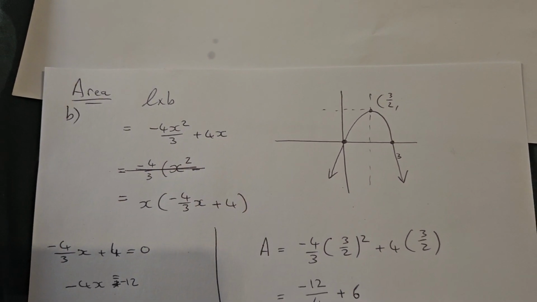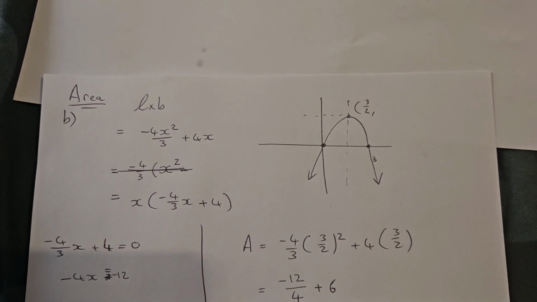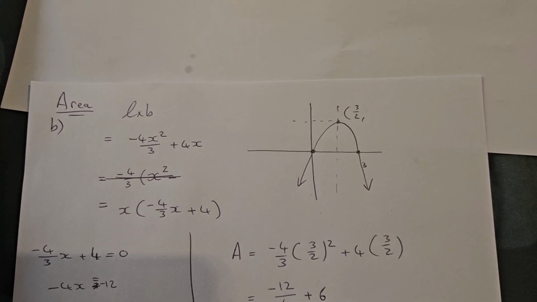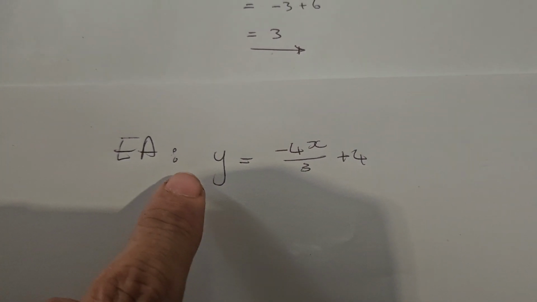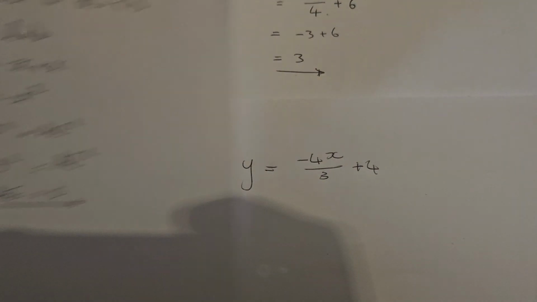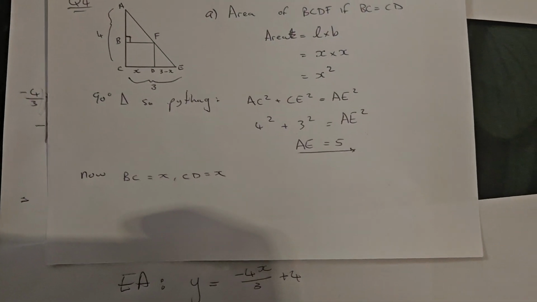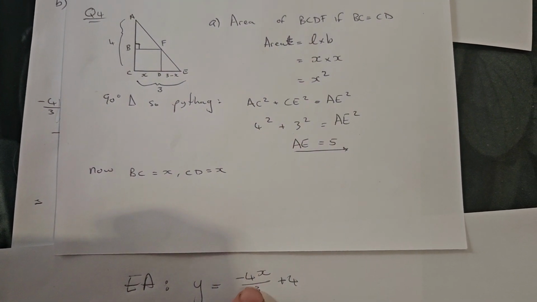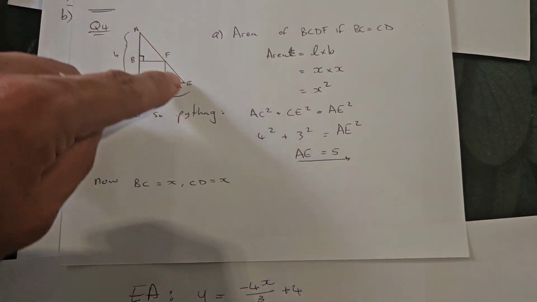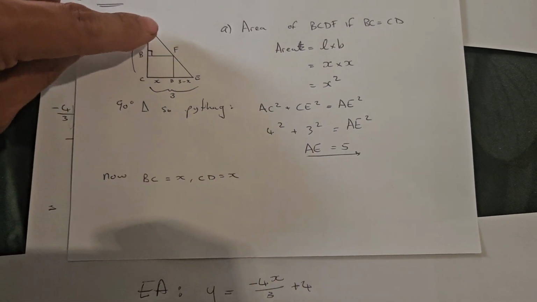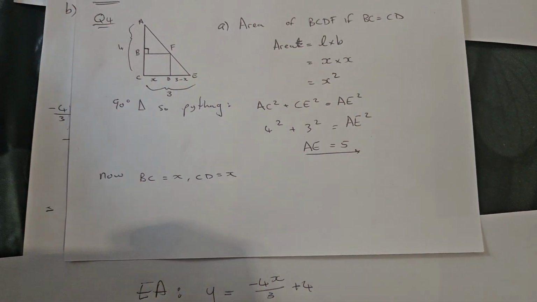Let me quickly see if I missed something here, if I went too far without giving you information. Not really, but let me show you the line AE. So if I look at this line AE, I can define it by the function negative 4 over 3x plus 4. That's just the line of this. If the origin was at C, that was my y-axis, this was my x-axis.